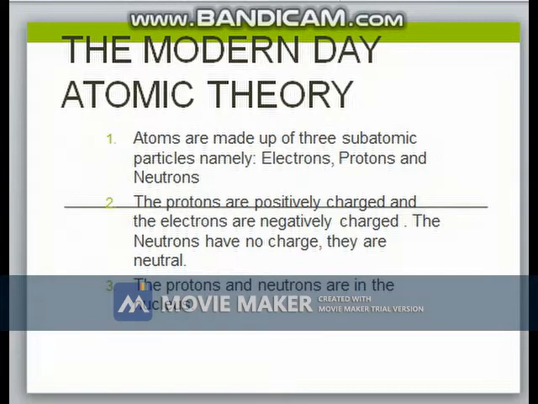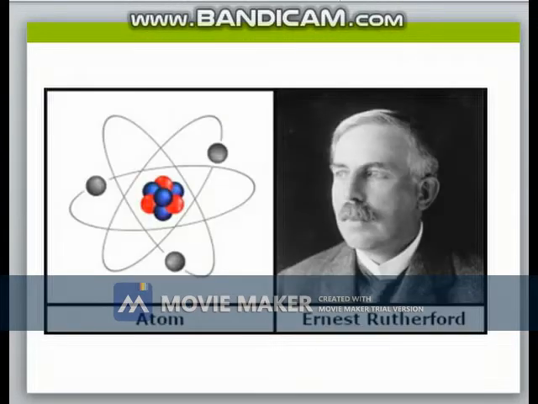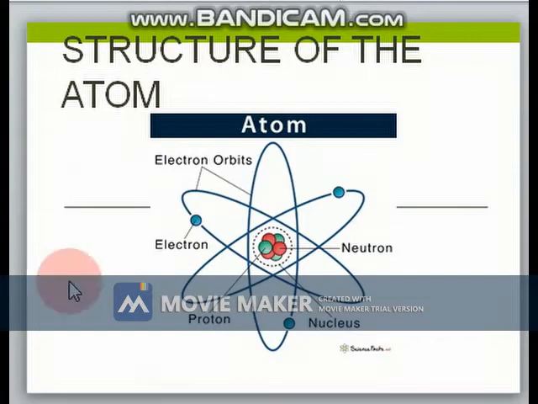So here comes the picture of E. Rutherford. So after these three scientists had worked, this is the structure of the atom as we have it. Okay, so you have the nucleus at the center, you have the electrons which are in the shell moving around it.